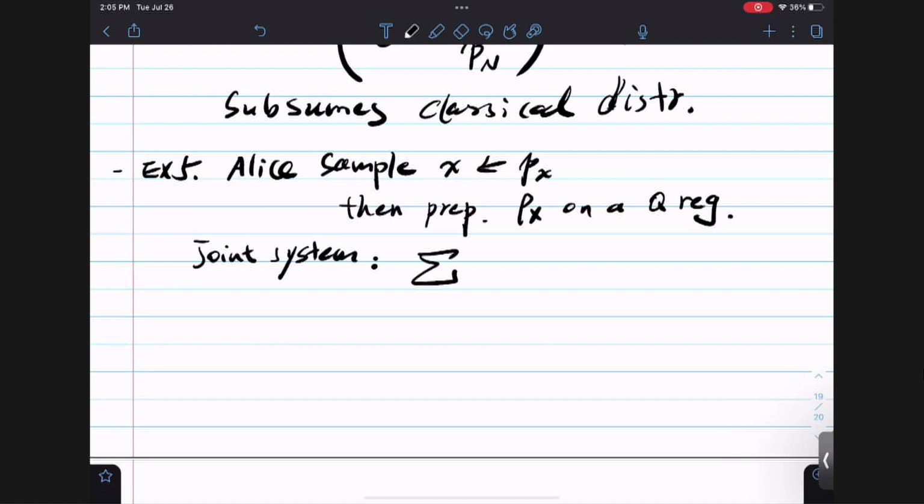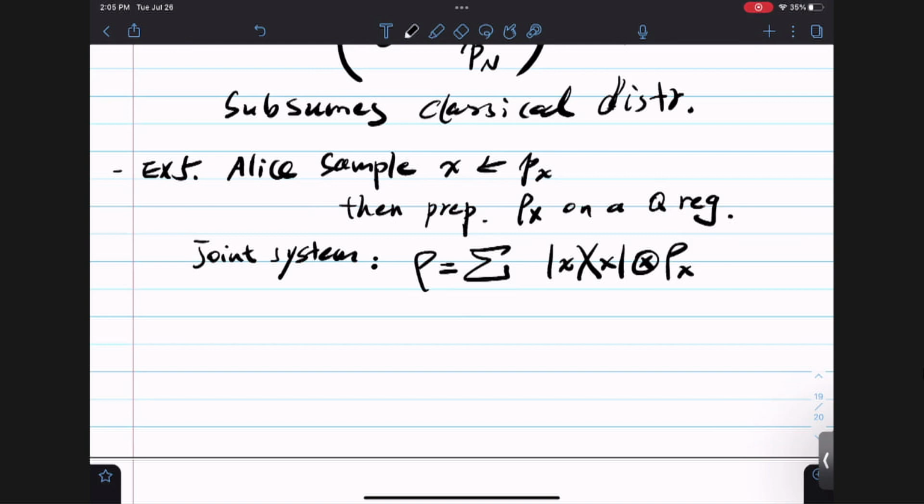Well, once I write it down, you will be convinced that this should be the right way to do it. This joint system can be written as, first of all, the classical part, which is just the outer product of x, this computational basis state. And for each x, since we prepare rho x, we write it on a separate quantum register.